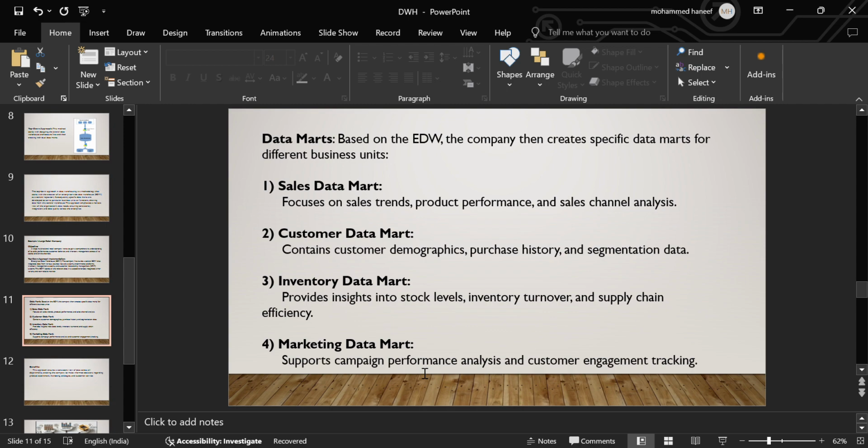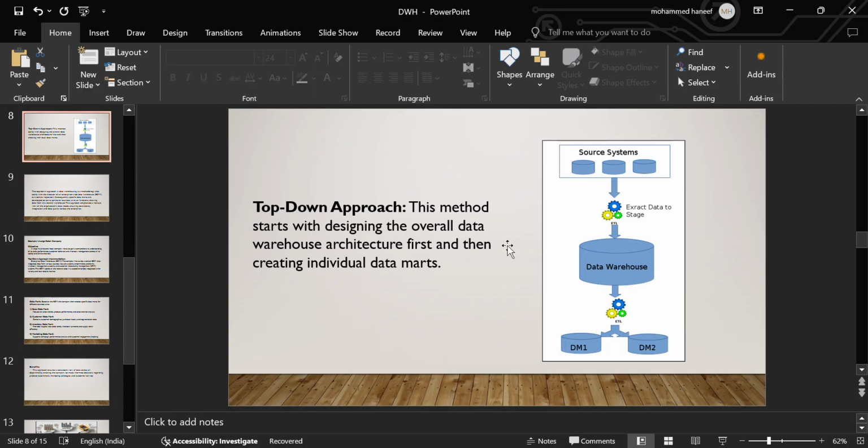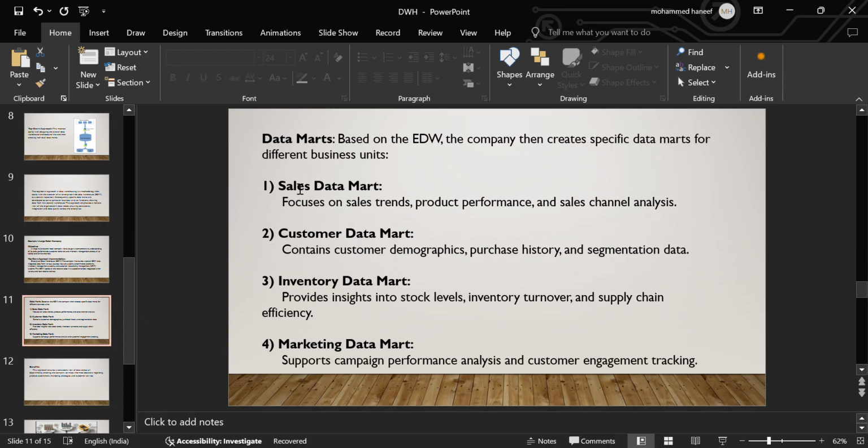So like this, you will be creating this kind of data mart. In the top-down approach I have selected only two data marts here. From the EDW we will be segregating into different data marts, like sales and customer data, inventory data mart, and marketing data mart. Like that we are defining and creating different data marts.